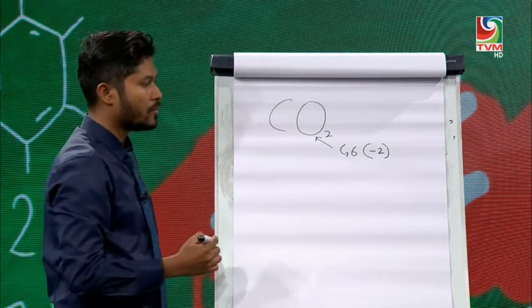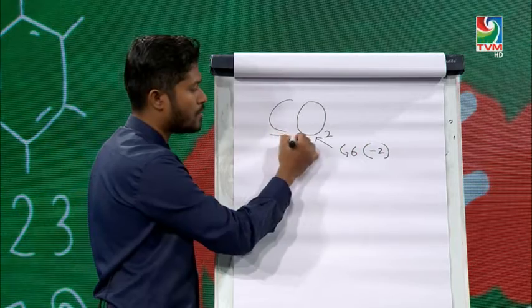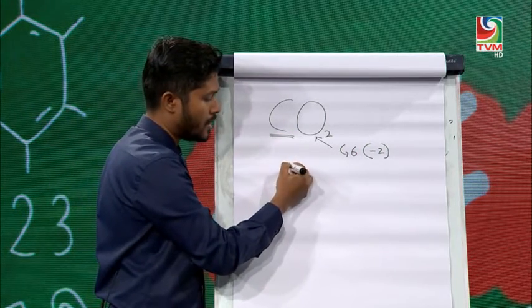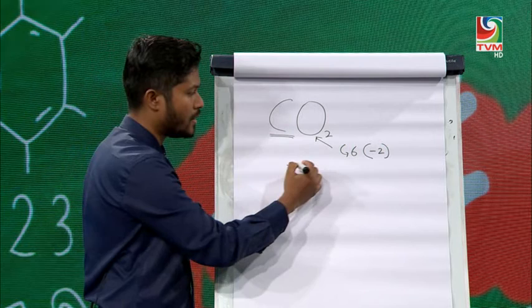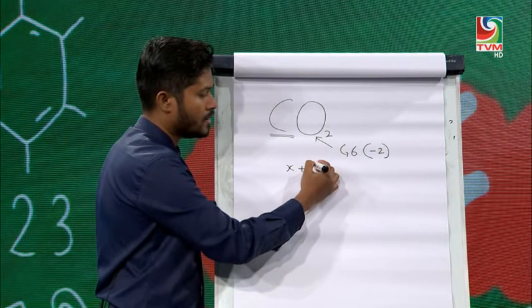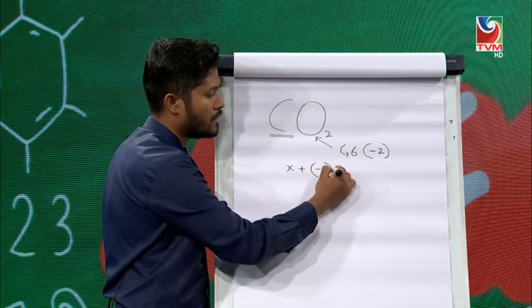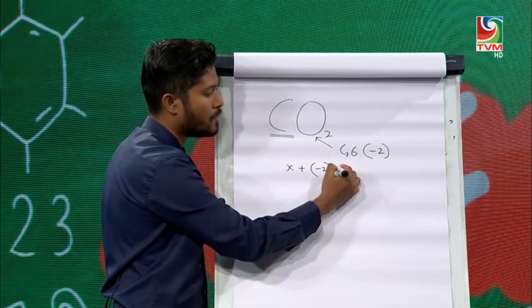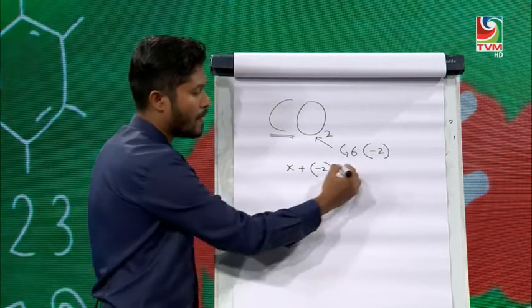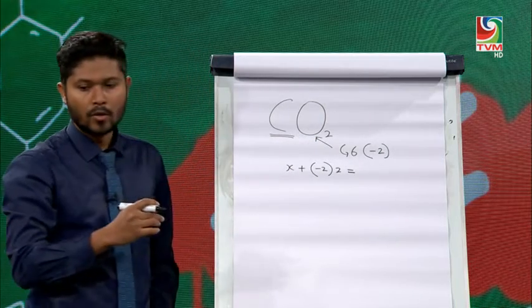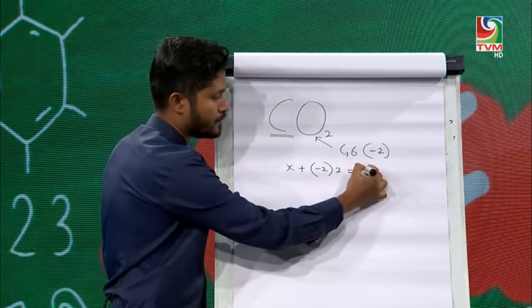The idea of calculating oxidation number for the element is we represent X for the one which we are finding. We add the oxidation numbers. If we have 2 oxygen, we multiply by 2, and since this is a compound the overall charge will be 0.